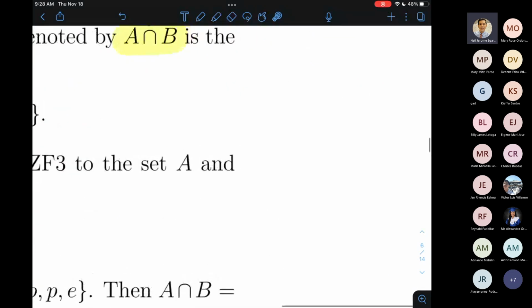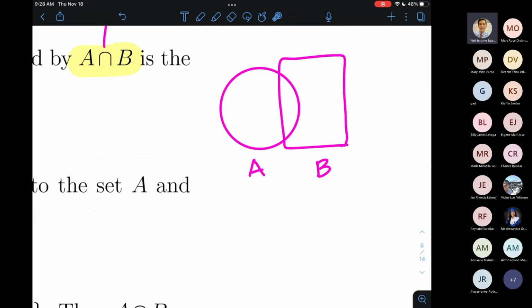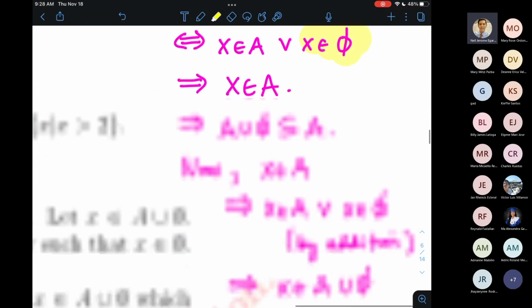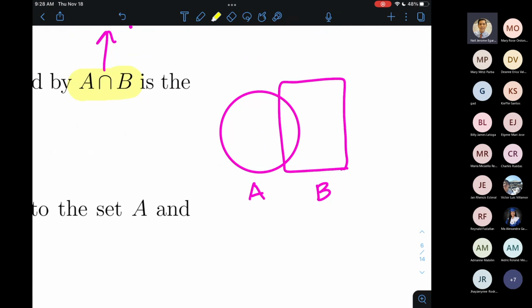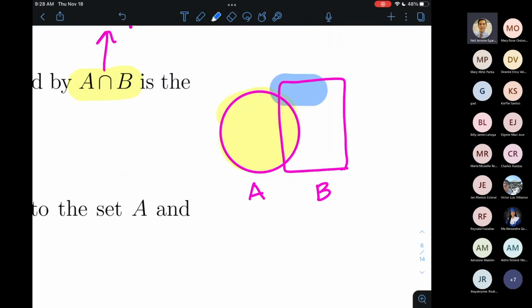So if we'll draw a Venn diagram for this set, okay? Ito uli yung set A, ito yung set B. So dapat member ka ni, oops, sorry, what happened? There we go. Okay, so ito yung elements ni A. Tapos ito yung elements ni B. Okay.